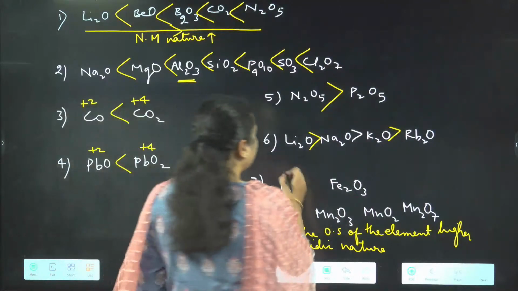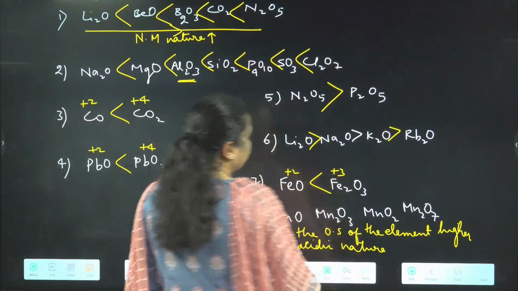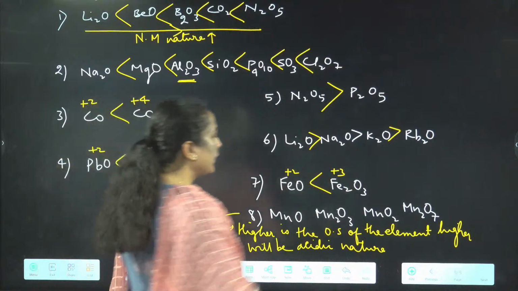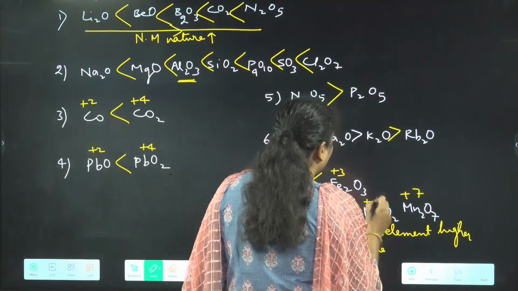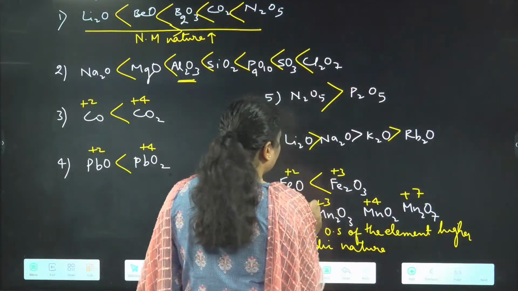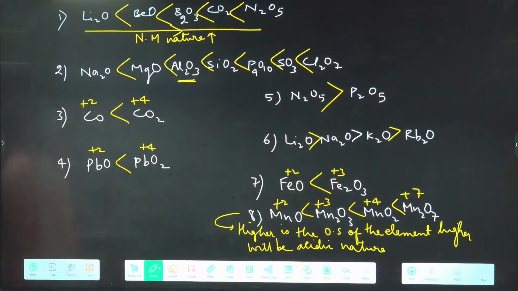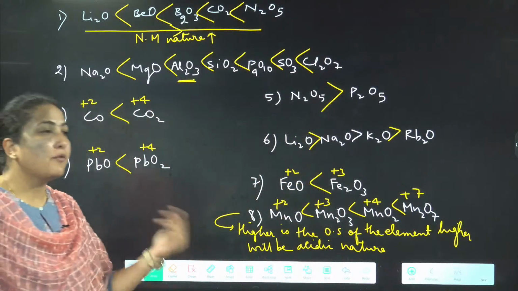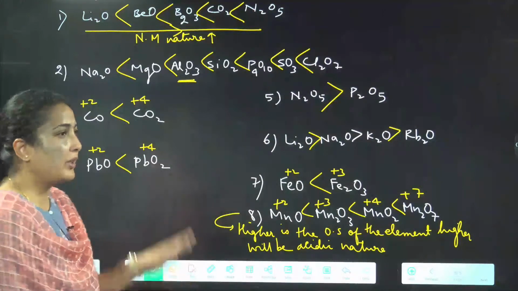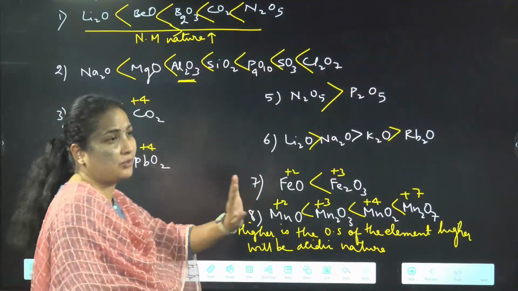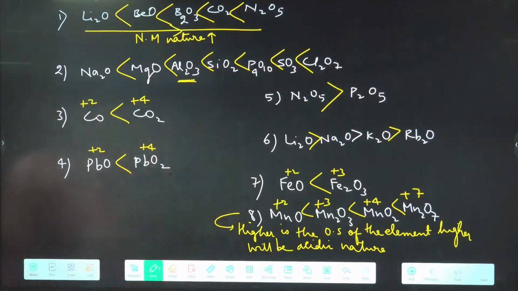FeO and Fe2O3, this is +2, +3. Here it is +7, +4, +3, +2. I'm just asking you the order of acidic nature. Definitely some of them are going to be amphoteric here, need not worry about it. We are just comparing the acidic nature. Getting it? Hope it is clear to all of you.